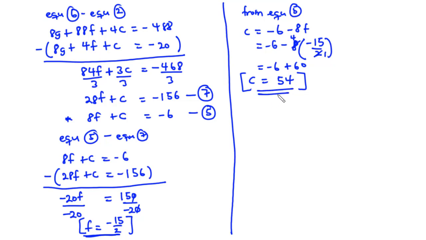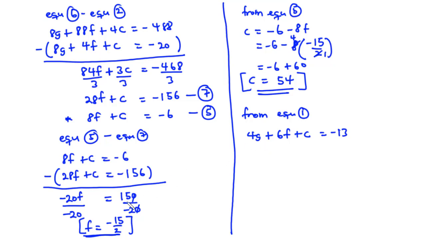Now since we know the values of F and then C, we can substitute these values into equation 1 or equation 2 or equation 3, any of the equations which has all the 3 variables, to find the value of J. So from equation 1, we had 4J plus 6F plus C equals negative 13.